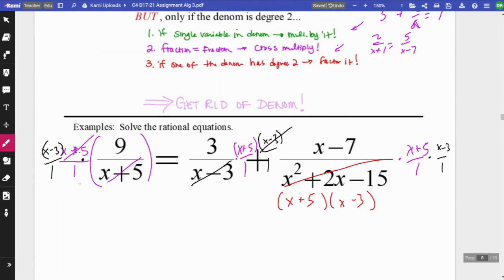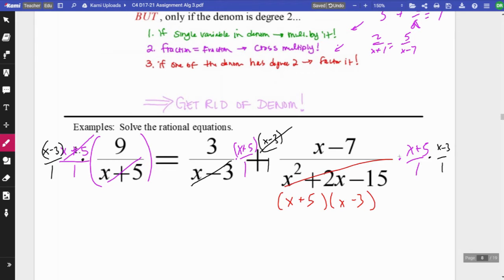So our first term, we used an x plus 5 and multiplied everything by an x plus 5. We looked at the next term. It had an x minus 3 in the denominator. We multiplied it by an x minus 3 to eliminate it, and then we had to multiply everything by an x minus 3. We look at this last term, and we notice we kind of lucked out.